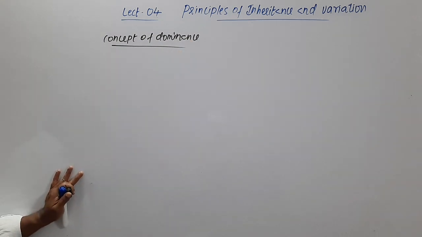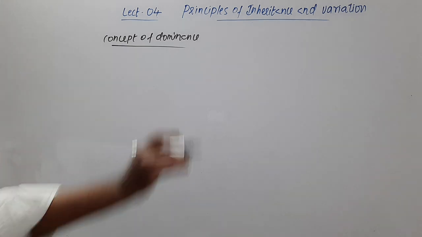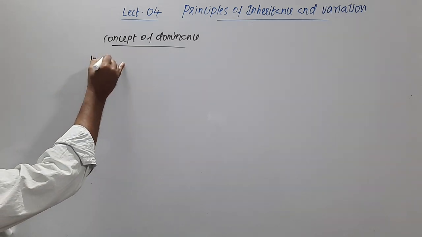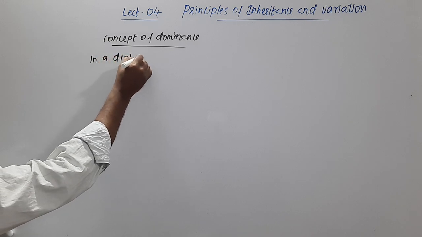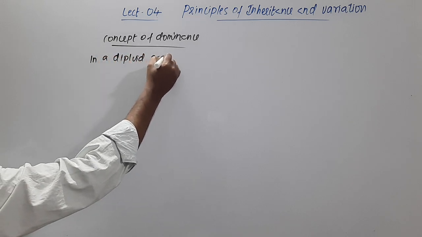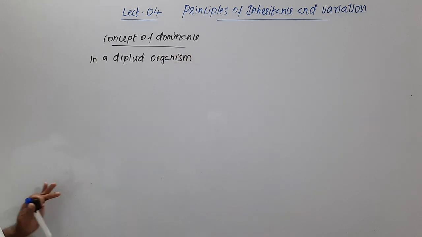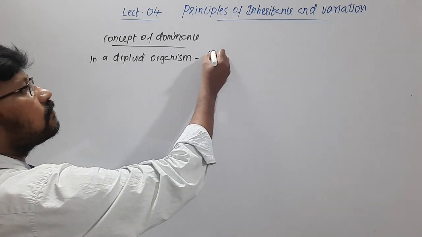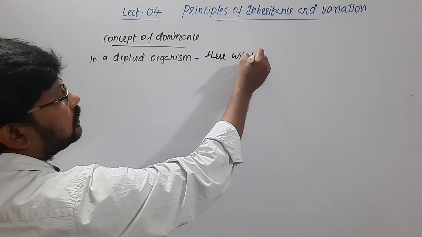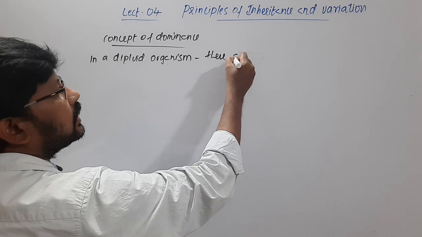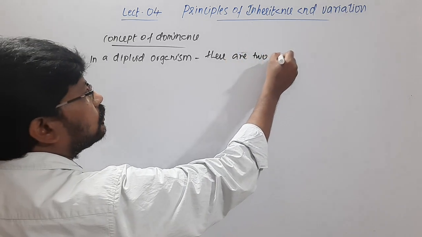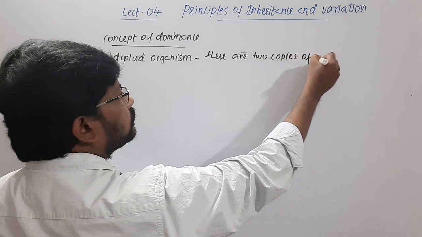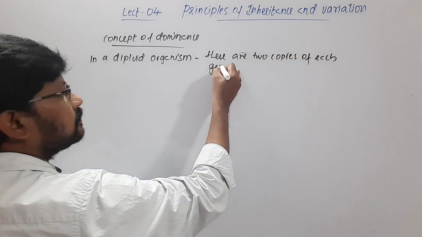Before we discuss, in a diploid organism there are two copies of each gene.